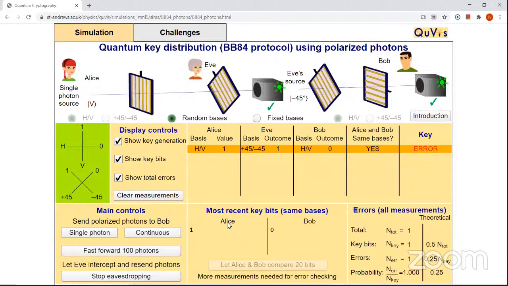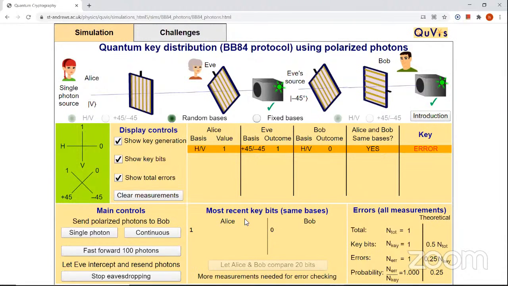do this error detection, Alice may ask Bob, okay, what was your bit? Alice says my bit was 0. But Bob says my first bit is 1. So although their basis is matching, their bits are not matching. What does it mean?